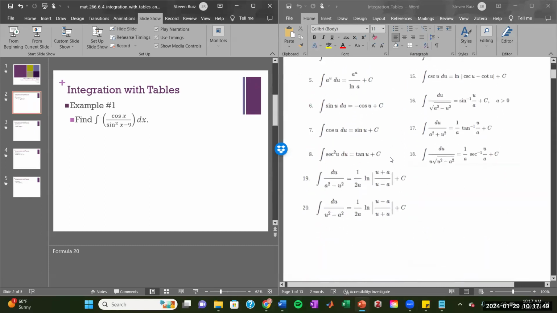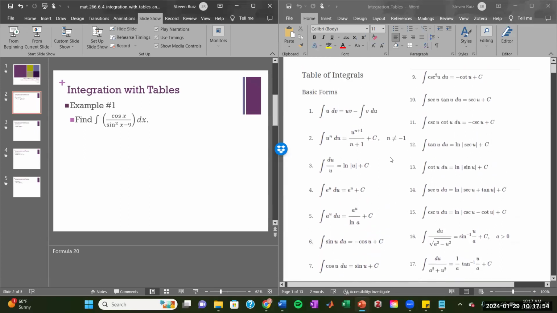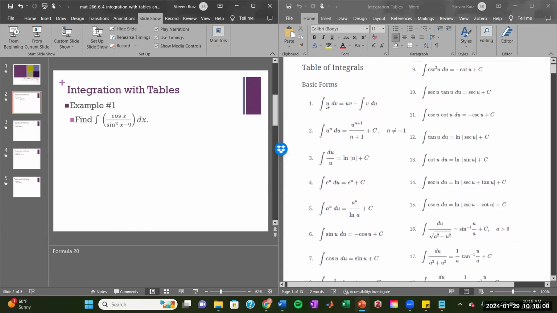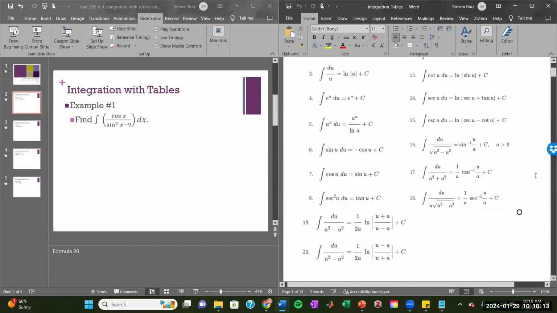These first 20 are mostly things I would expect you to be able to do. What is number 1? Does that look familiar to anybody? That's integration by parts, right? Hopefully number 2 looks familiar to you. Hopefully the first several are things you wouldn't necessarily need this document for, but they are here.